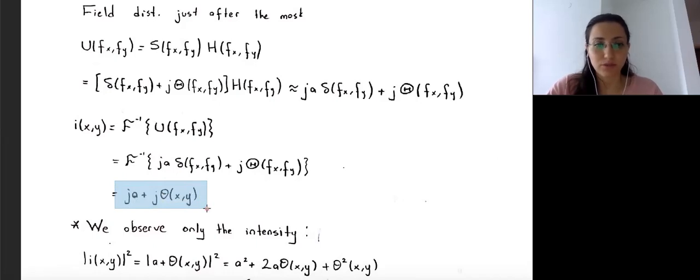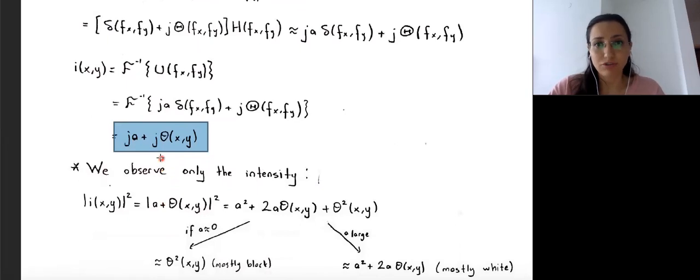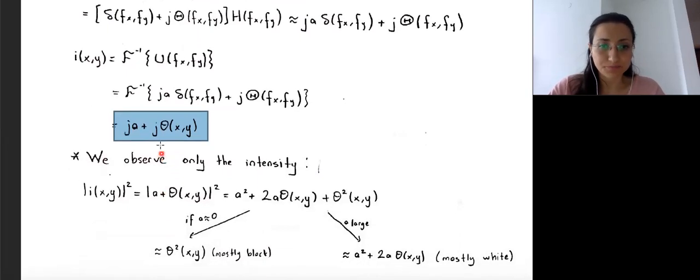So that's the field distribution that will hit our eyes, but note that it's in complex form, because it has both amplitude and phase. But remember that our eyes only sense intensity. So what we're going to really capture in our eyes is the intensity of IXY.